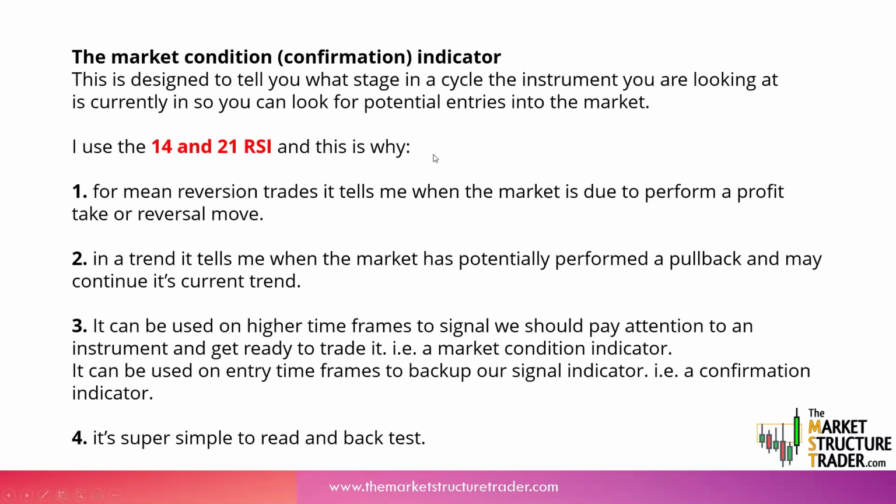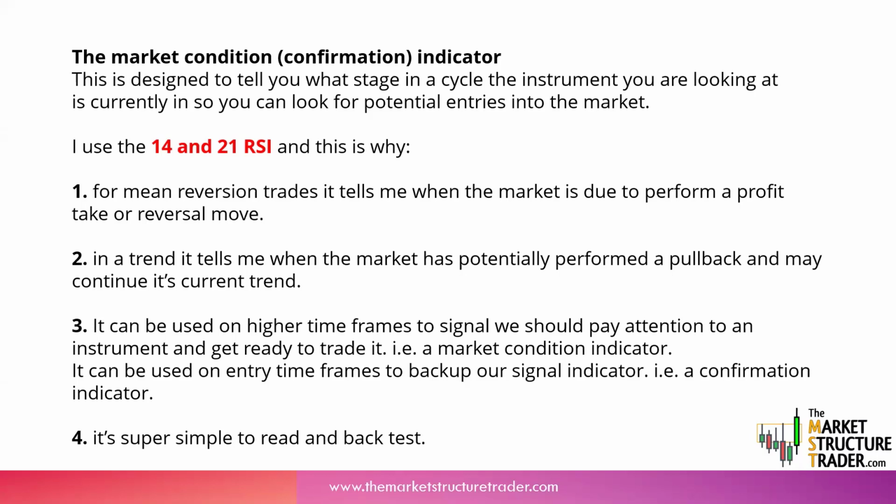The 21 and the 14 RSI I use as my market condition indicator, and this is why. For mean reversion trades, it tells me when the market is due to perform a profit take or a reversal move. When the RSI gets extended below a certain level or above a certain level, it's telling me that there's been a lot of buying or a lot of selling on that particular time frame and instrument.